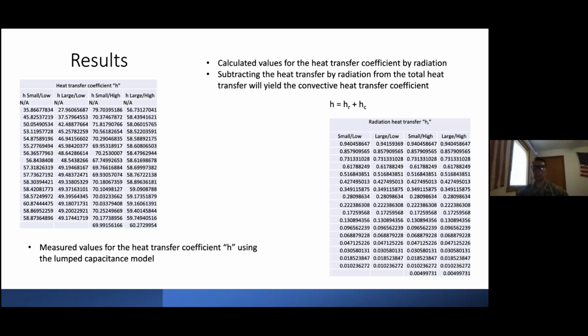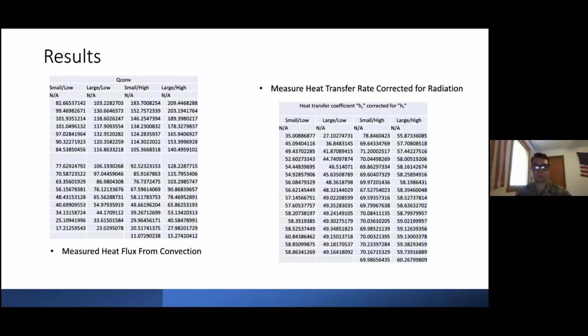The body that we were cooling down gave off radiation, and you have to account for that to get accurate results. To get the convection heat transfer coefficient, you subtract the radiation heat transfer coefficient on the right from your overall heat transfer coefficient on the left, which will be shown on the next slide.